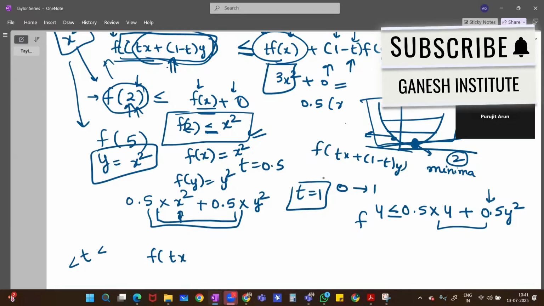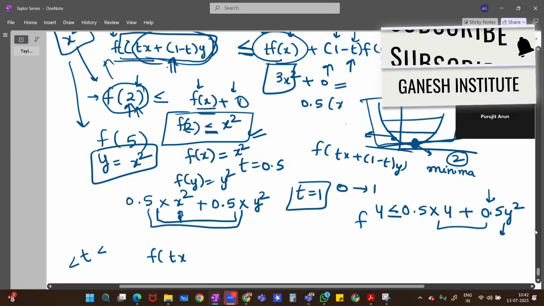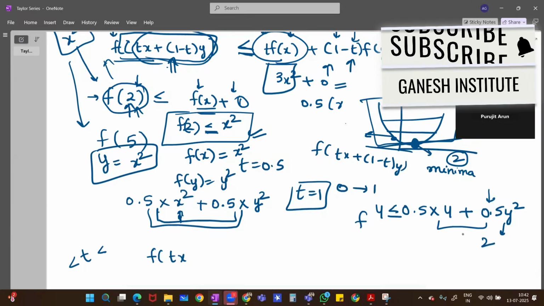So even if I want to put the minimum value, that will be 2. All other values will be above, because even if you take a negative value, that will give you a positive.